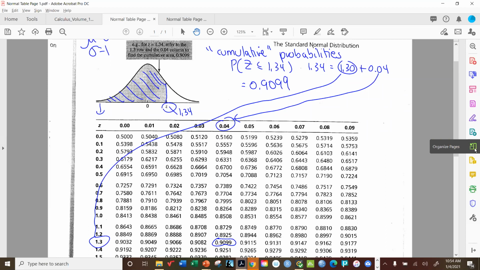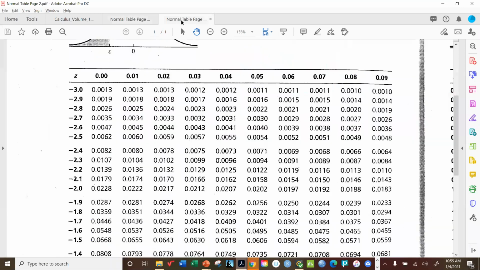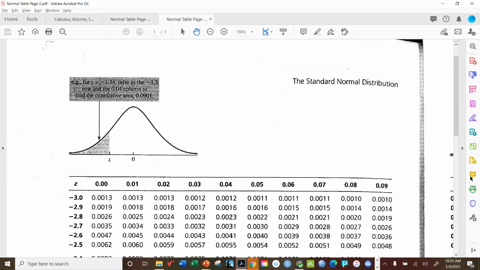Okay, so that's what we have to do now. We have to dive a little more deeply into the properties of this normal curve. Now, the properties I'm about to show you apply to all normal distributions, but here we're specifically focused on the standard normal distribution.